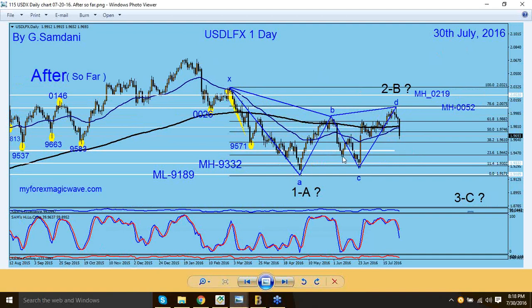I was thinking about 23%, and then we'll go up, but instead it went up, then came down because of some news to the 11.4 line of the same fib, and then it went straight up to 78%. That's where I mentioned that it's going to go and finish up a bearish Gartley pattern. And from there, you can see that it started dropping already.